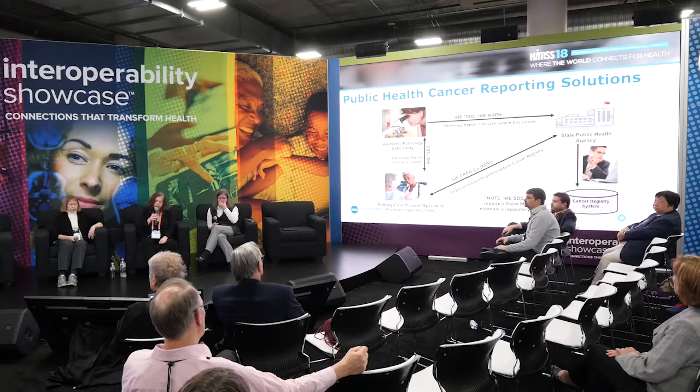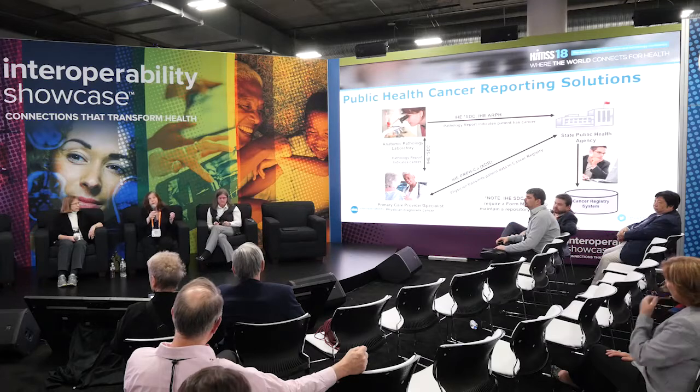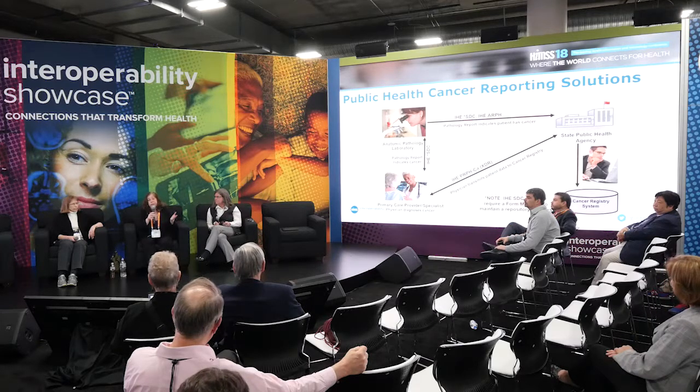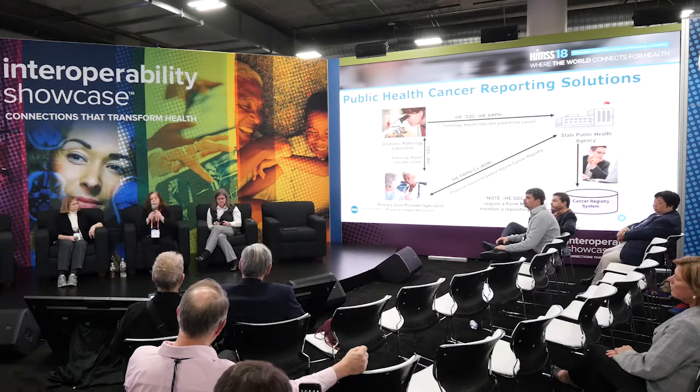And that arrow going to the state public health agency says using XDR, so that's an IHE transaction. It's a cross-document, I forget what the R stands for, but it's basically a push model of them pushing the cancer report to the state cancer registry, sorry.